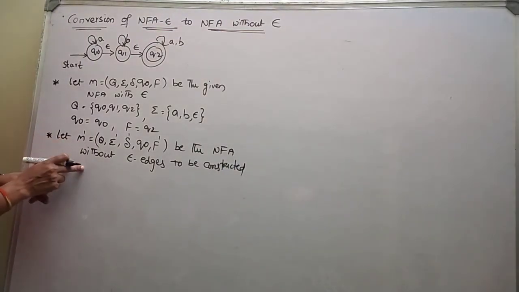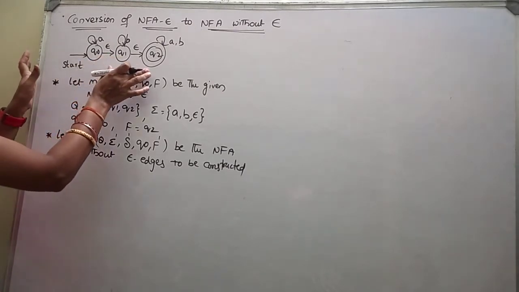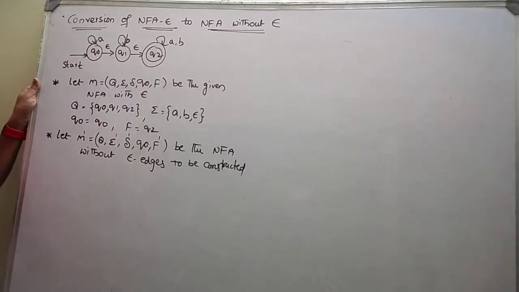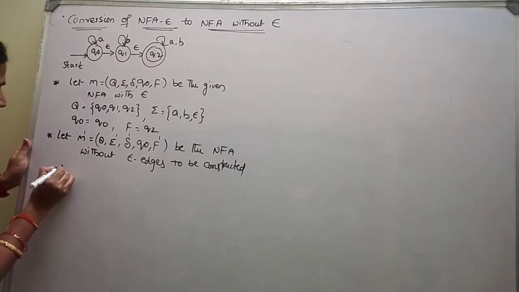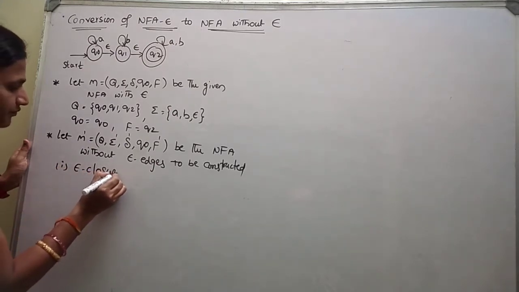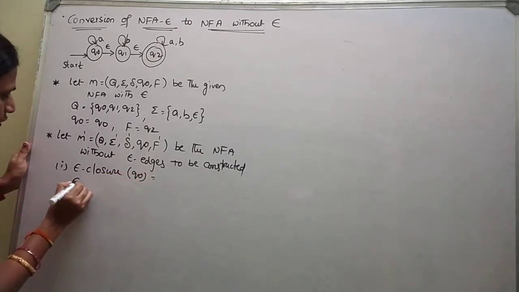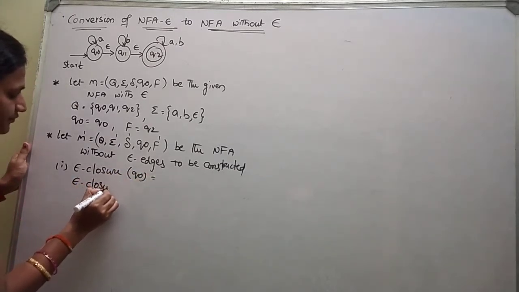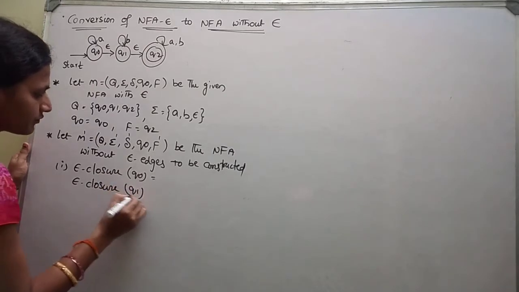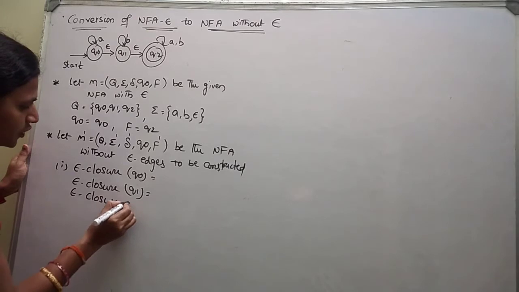Right? So in this second step, first we need to find the epsilon closure for all the states. What is the epsilon closure of q naught, epsilon closure of q1, epsilon closure of q2.